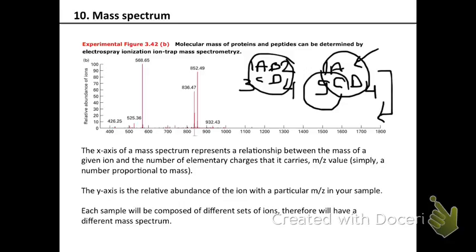So this allows you to get a mass spectrum for a certain sample, and you can compare other samples to it. Does that make sense?